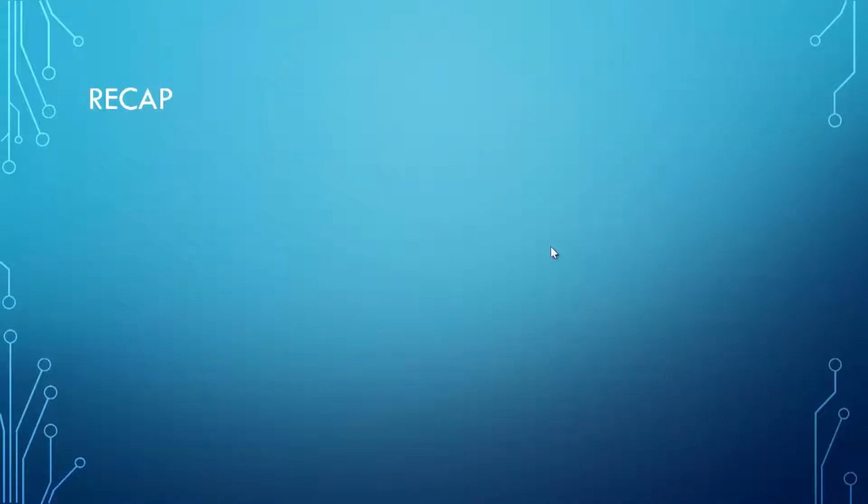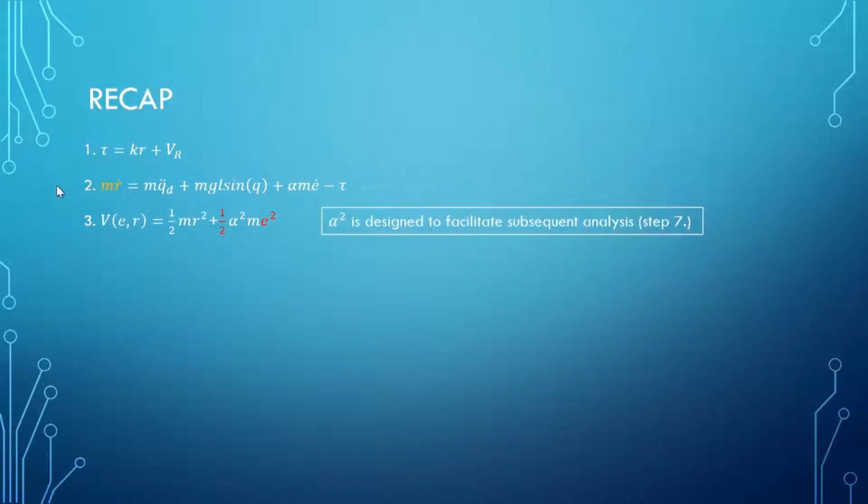So let's do the recap. First, we design a controller that comes with a feedback term and a robust term. Here's the open loop dynamics, and the control input tau is here. We design a Lyapunov function and take the time derivative.